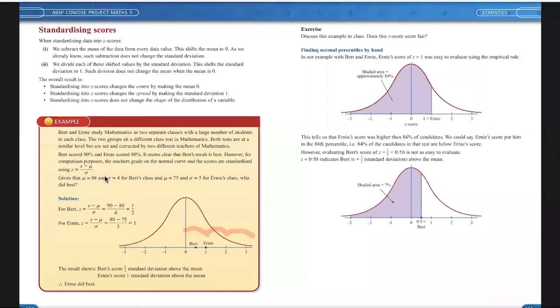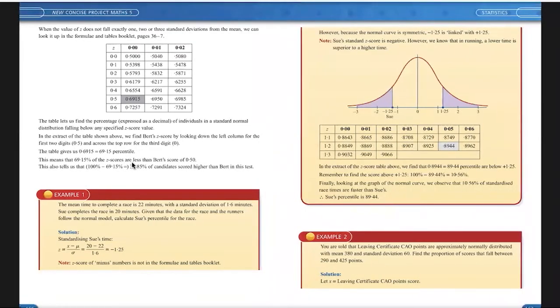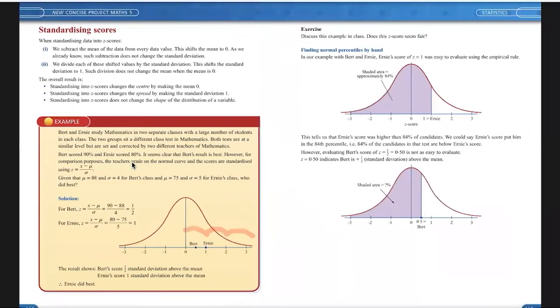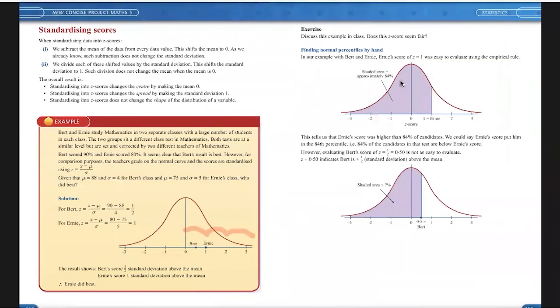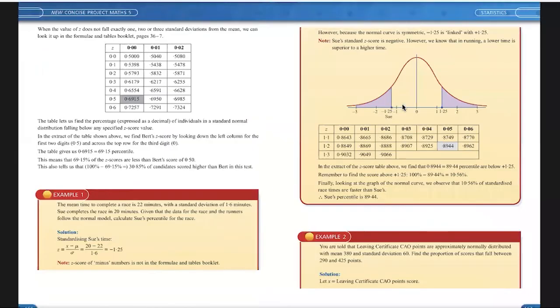Okay, and you do that using the standardizing formula, which is the z-score formula. Z is equal to x minus mu over sigma. Okay, and what you'll end up seeing is that actually Ernie did better. Okay, when you normalize the data, Ernie actually did better. Okay, so it's examples of this I want to take you through in the next few exam questions, where we look at how do you standardize data and what do z-score values actually mean. Okay, and I'll take you into the log tables and we look at what, when you get a z-score and you look it up in the log tables, what does that mean?